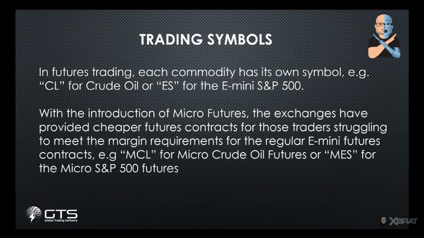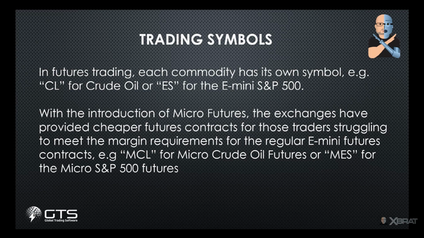So instead, we have the MCL, which is micro crude oil futures, for example, or MES for the micro S&P 500 futures. This introduction of micro futures allows more access to traders that don't have a massive amount of money, that have $10,000 and are able to trade a few of those micro contracts, to get into the futures markets.